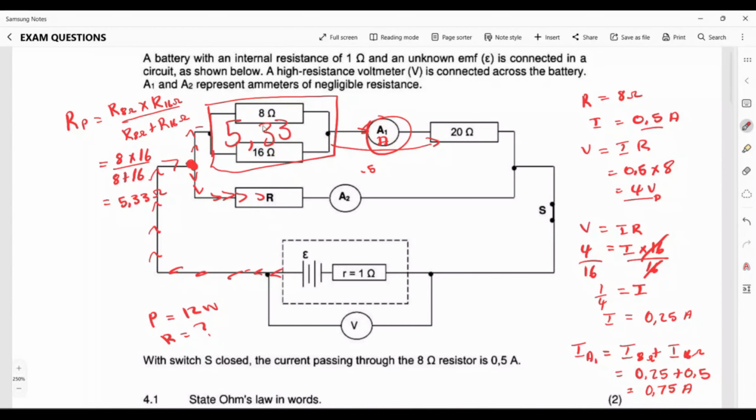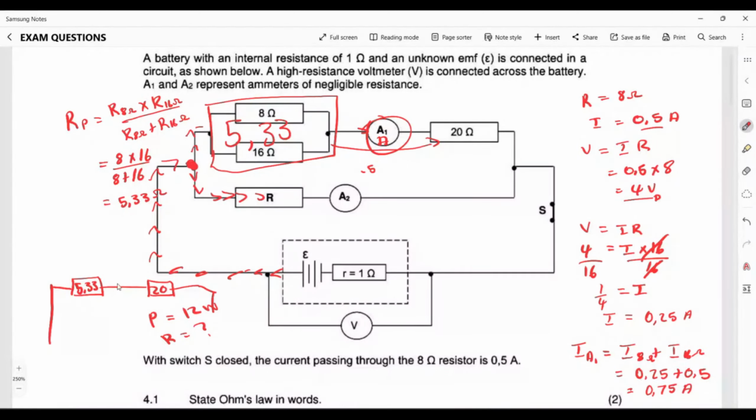I simply remove the parallel and make it one resistance, which simplifies the circuit. So your circuit now looks something like this: 5.33, then here you have a 20, and then it continues.